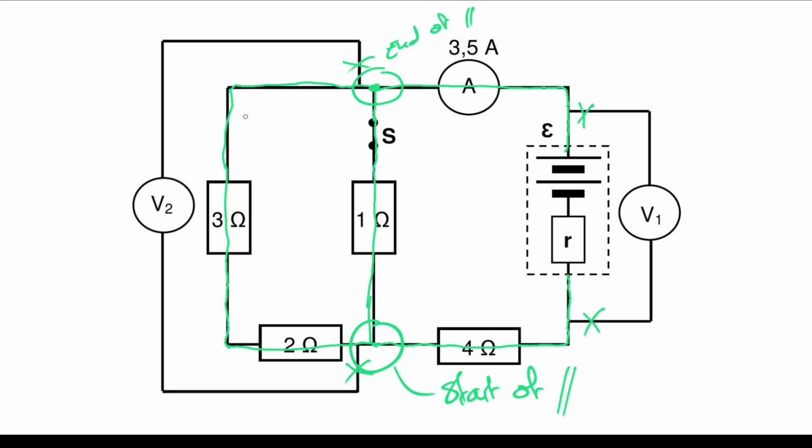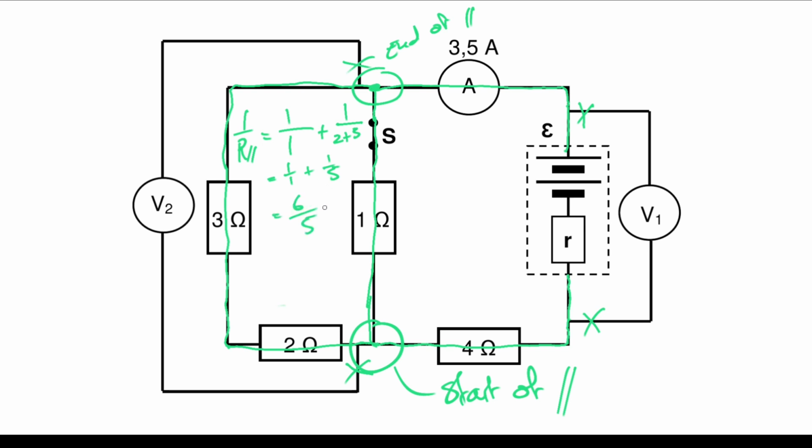How would you calculate this? It would look like this. 1 over R parallel equals 1 over 1, this is our first branch of the parallel section, plus 1 over, and this branch has 2 resistors in it, so it's 2 plus 3. That would give us 1 over 1 plus 1 over 5, which gives us 6 over 5.